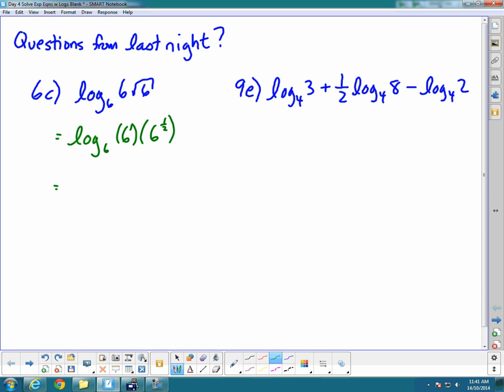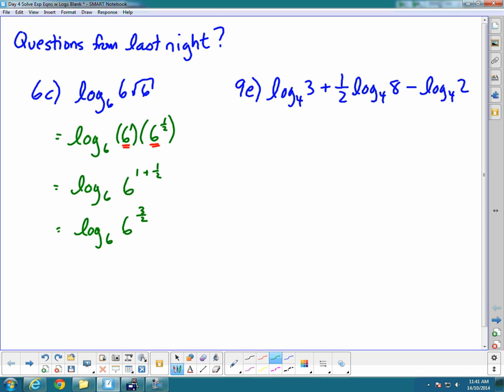By changing root 6 to 6 to the 1/2, then we can actually apply the rules of multiplication. Since we're multiplying powers with the same base, we can keep the base and add the exponents. So this becomes 6 to the 1 plus 1/2, which we know is 3/2.